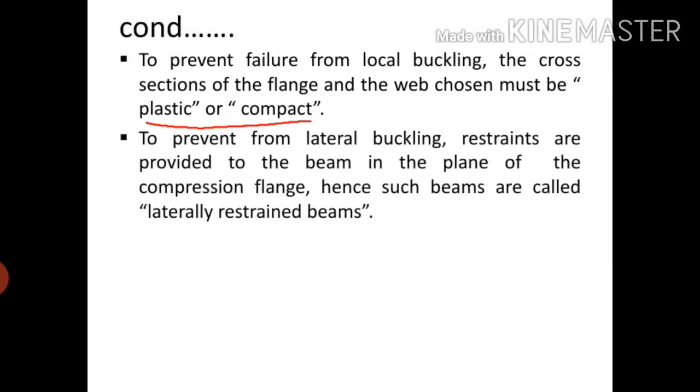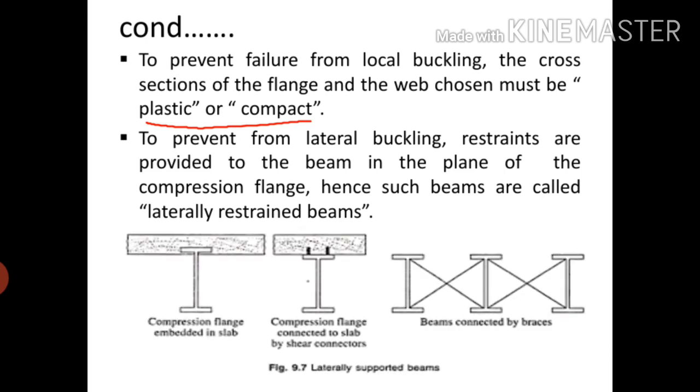Then to prevent lateral buckling, that is the second case, restraints are provided to the beam in the plane of the compression flange. Hence, such beams are called laterally restrained beams. So these are the restraints provided for the beams.